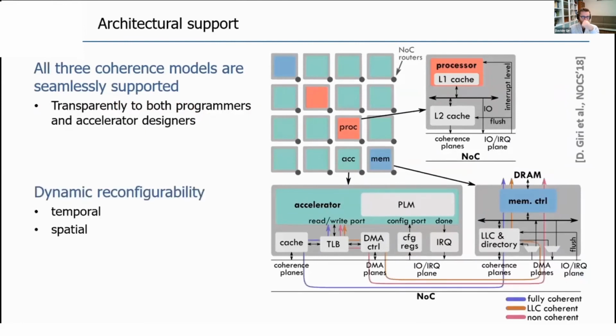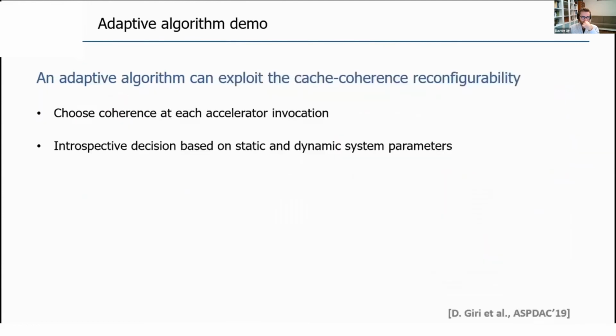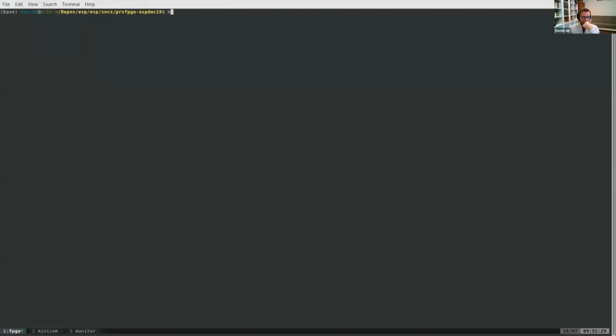The cache coherence of each accelerator can be dynamically selected at each invocation. To confirm the potential benefit of all of this, we designed an adaptive algorithm that dynamically chooses the proper cache coherence model at each accelerator invocation. The algorithm is once again transparent to the programmer, and it makes introspective decisions based on the current status of the system. Now let's dive into the FPGA demo.